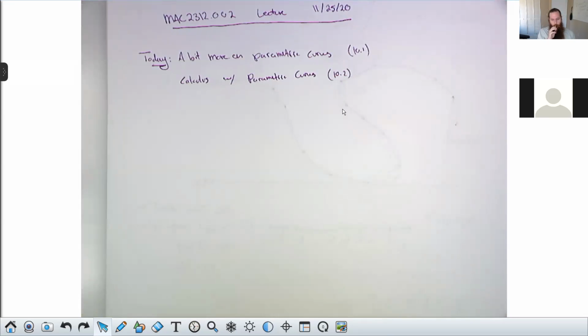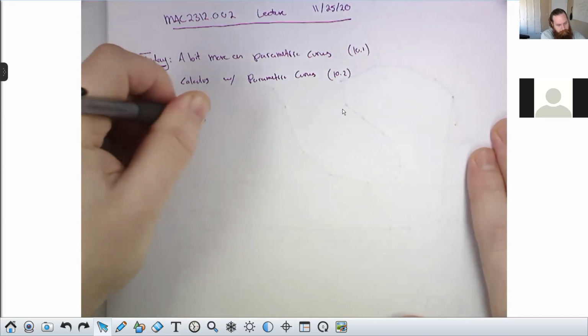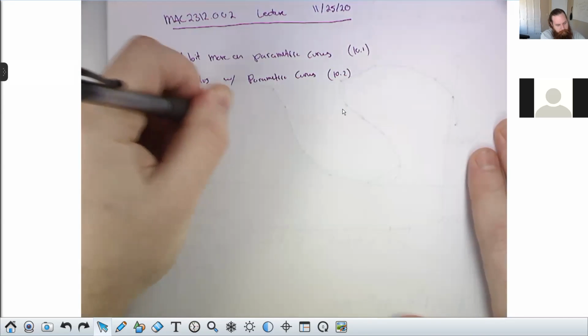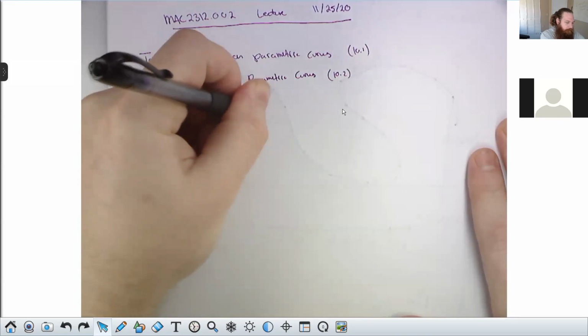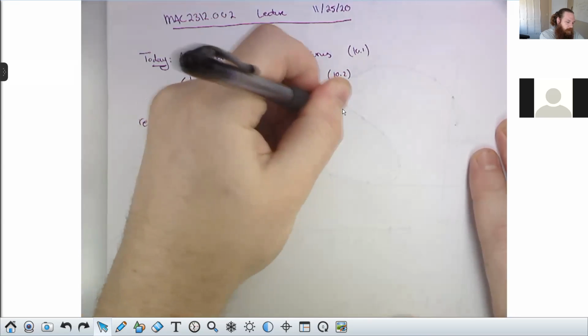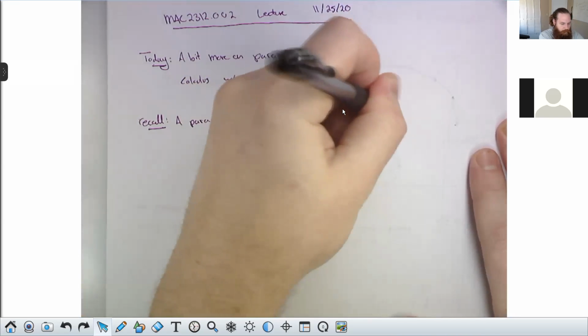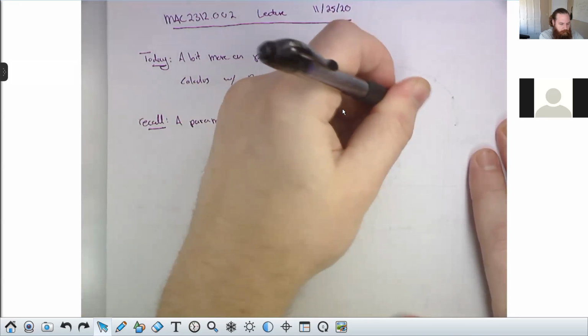So I'll remind you what a parametric curve is. It's a curve coming from two equations.